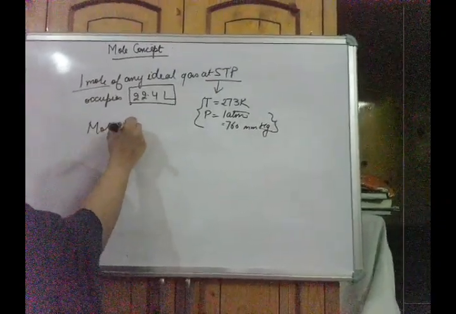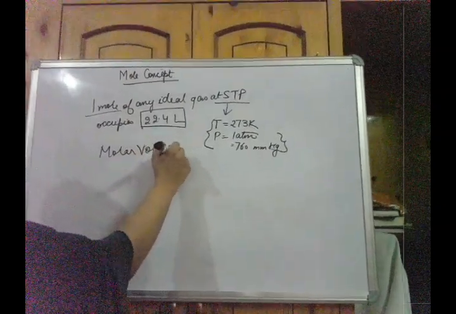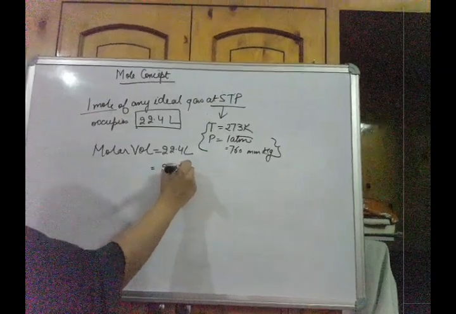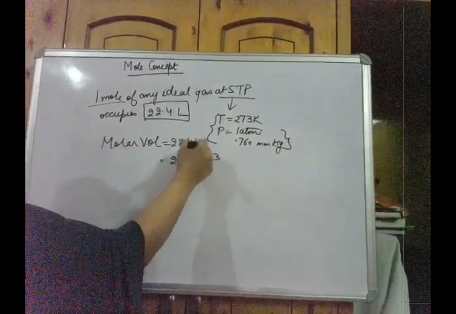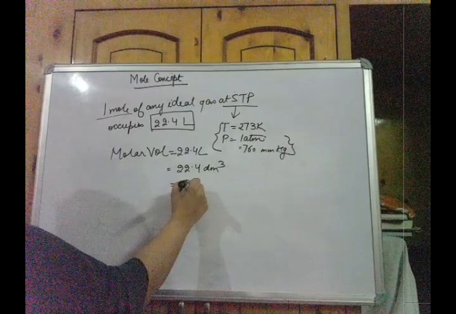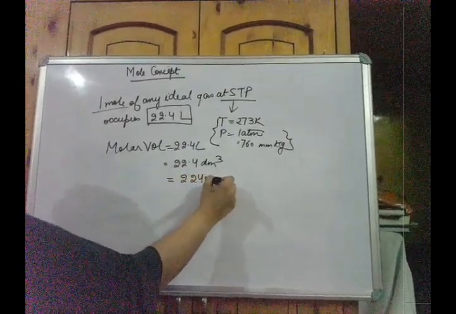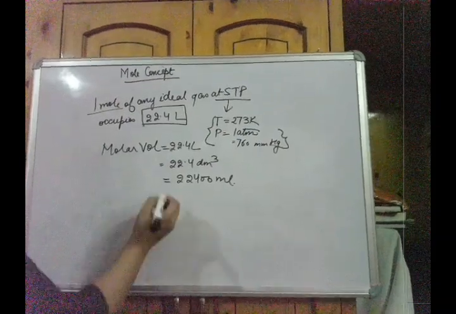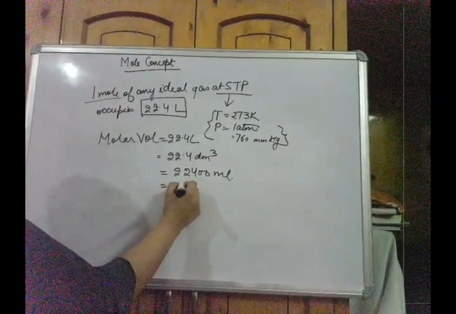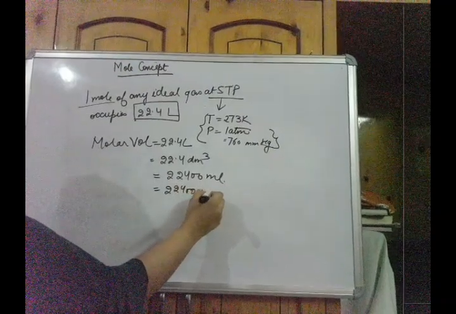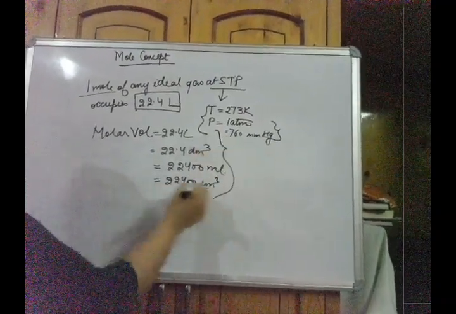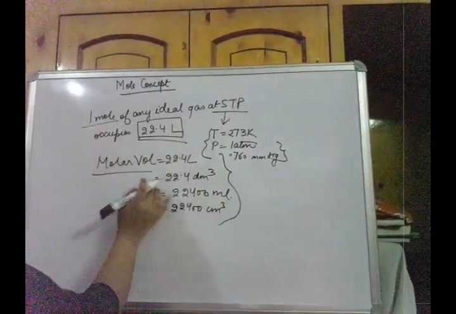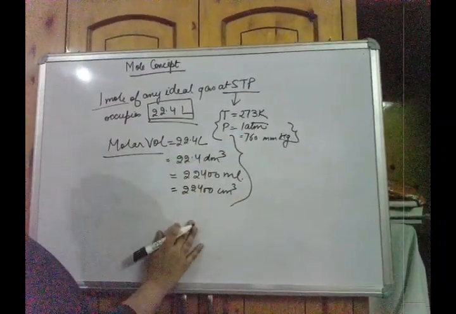Molar volume can be expressed in liters or decimeter cube, or in milliliters, that is 22,400 ml, or 22,400 centimeter cube. In any of the units it is the molar volume. In liter or decimeter cube it is the same.